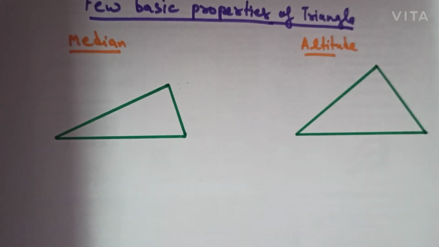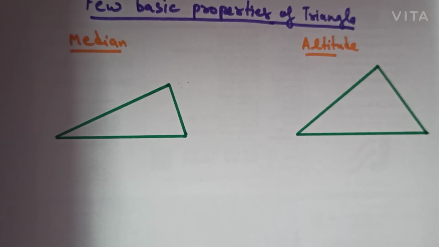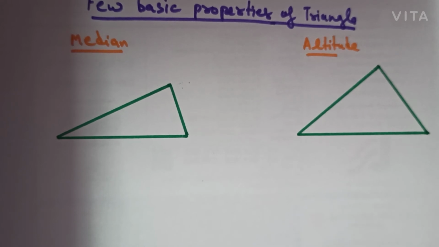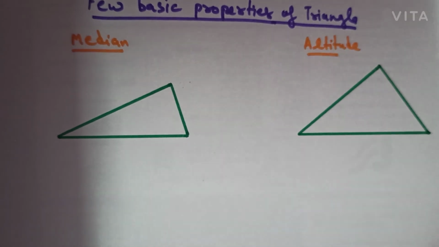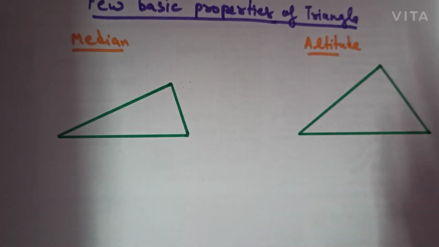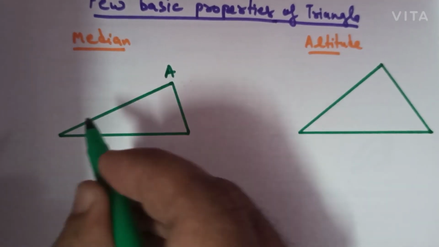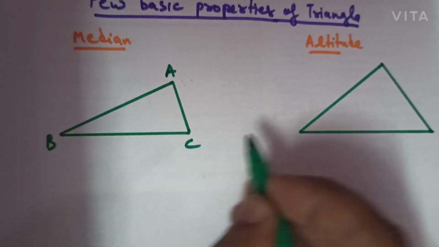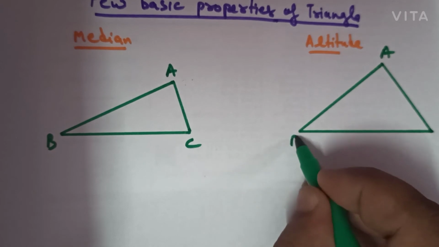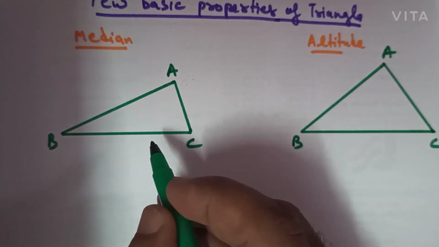Okay, in this segment we will be discussing a few basic properties of triangles which you have studied in your previous classes, but students often get confused in this. So I thought we should discuss these things. Median and altitude: let us understand the difference between median and altitude. I have taken the same triangle ABC, and both triangles, as you can see, are scalene triangles.